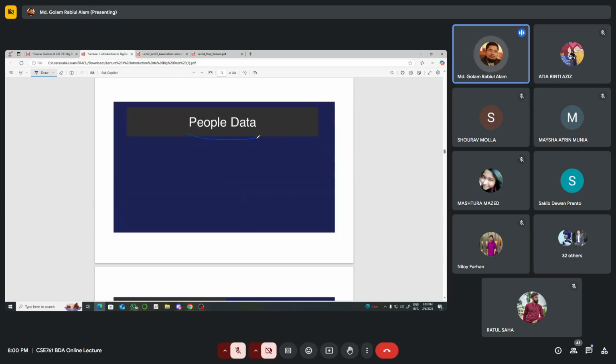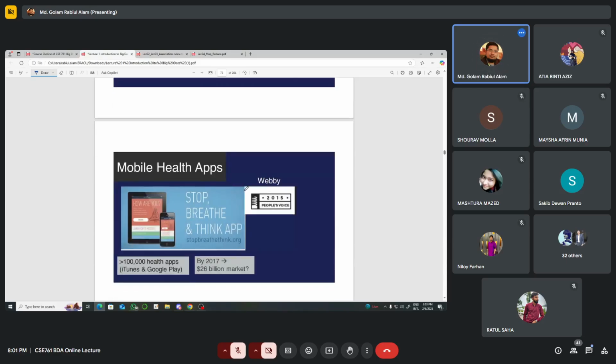And then think about our people data also. There are several mobile health apps, and several sensors are also in mobile devices. So those sensor data you can store again. And not only the sensor data, people also use their smartphones or tablets for various purposes, like posting in media, on Facebook or Twitter.